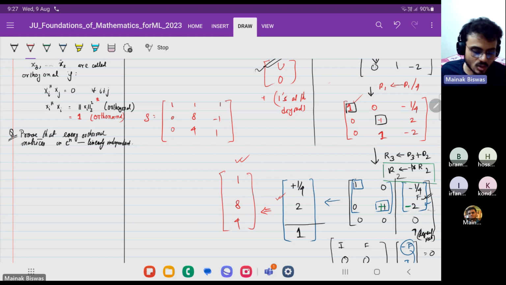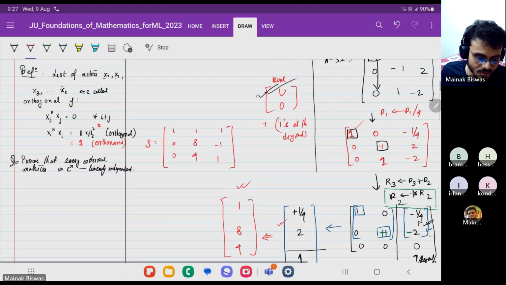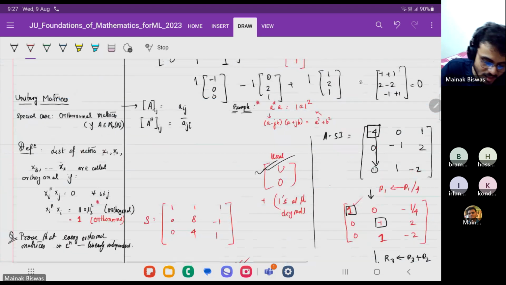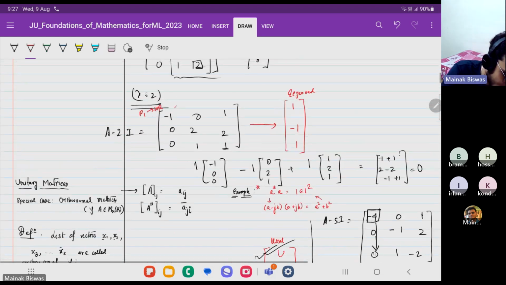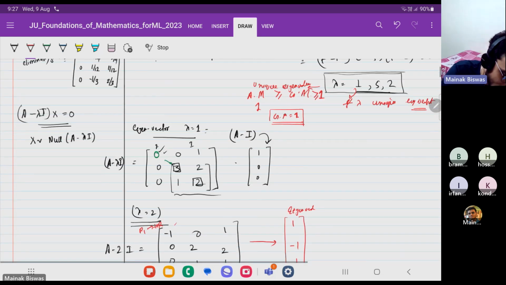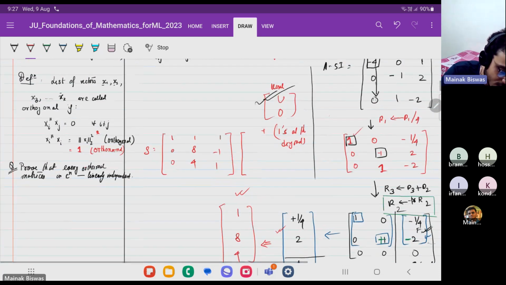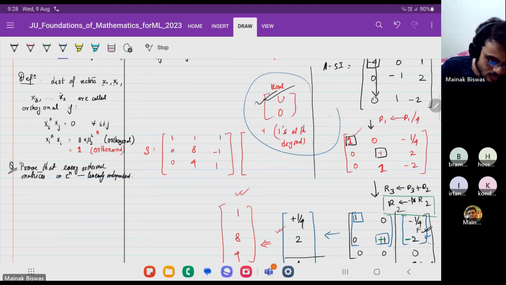And what are the associated eigenvalues of these? For the first one, it is lambda equal to 1. Last one, lambda equal to 2. So what will be the diagonal matrix? You remember, right?